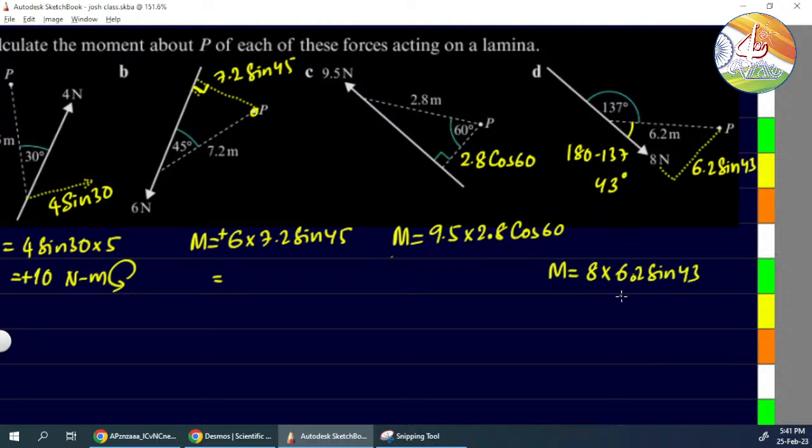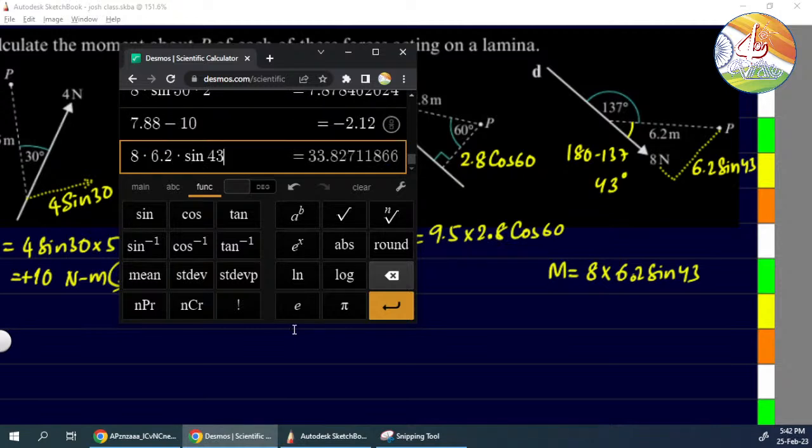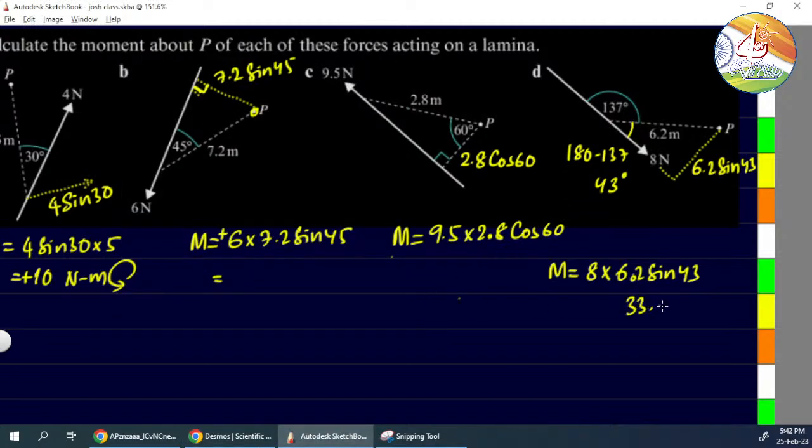This is the perpendicular distance. We can just feed it in the calculator, we will get it. 8 times 6.2 sine 43 is 33.83. This is in Newton meters, and this one is anti-clockwise, so it is positive.